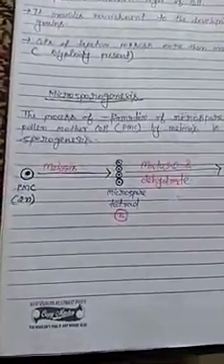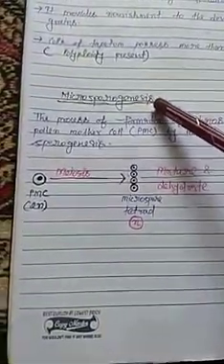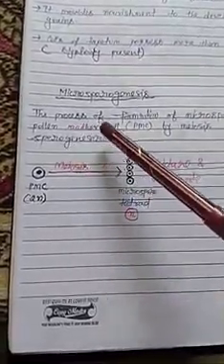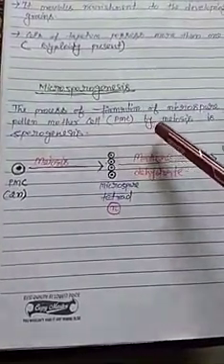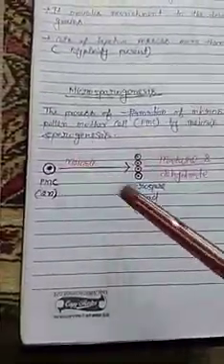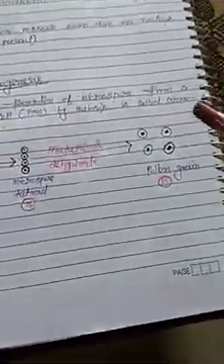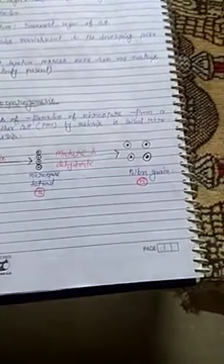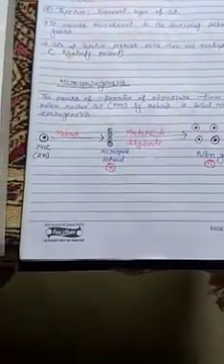Here, the heading is microsporogenesis. The process of formation of microspore from pollen mother cell by meiosis is called microsporogenesis. So what is microsporogenesis? The process of formation of microspore from pollen mother cell by meiosis.